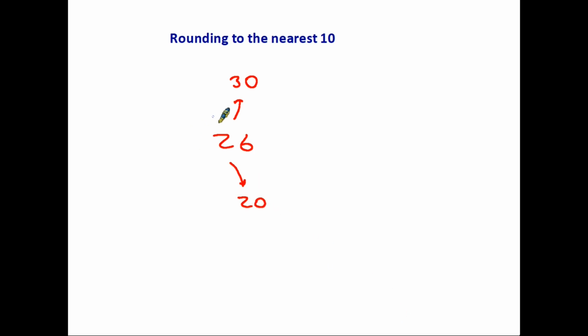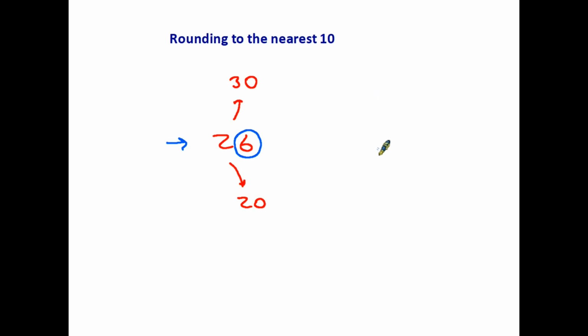So for any number that we look at, we have to decide whether we are going to go up or whether we are going to go down. And the way we do this is we look at the last digit of the number that we want to round. To help us do this, we have a rule. If that last digit is lower than a 5, then we go down to the nearest number that ends in 0.